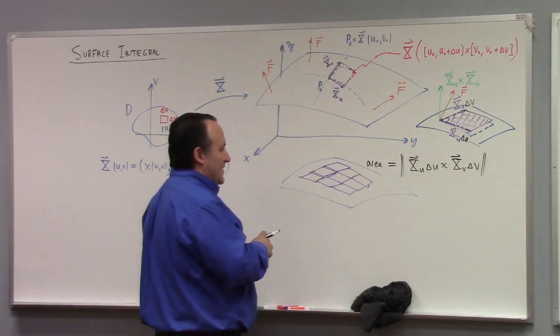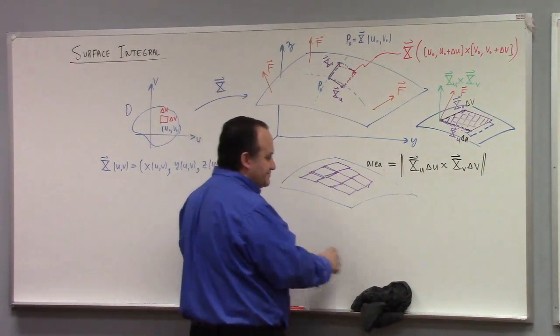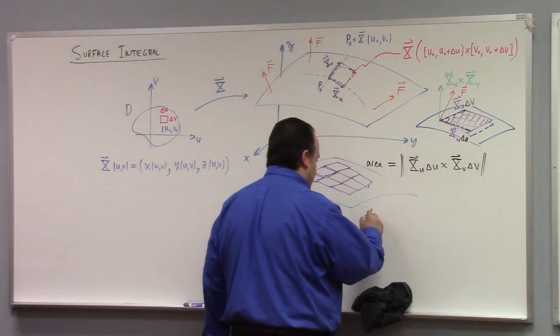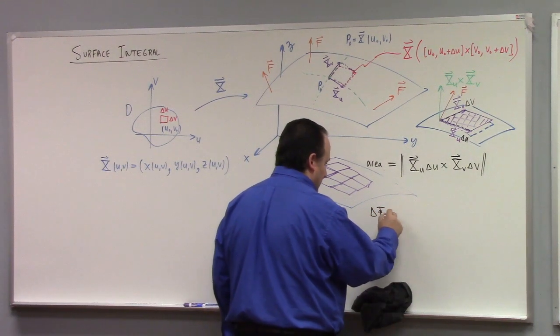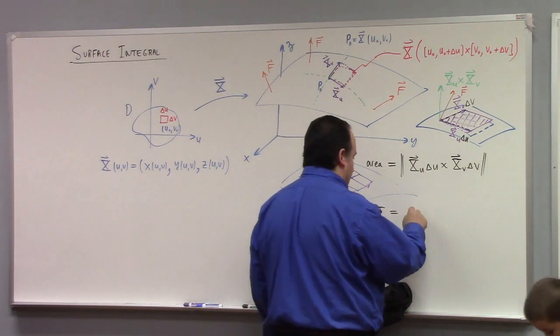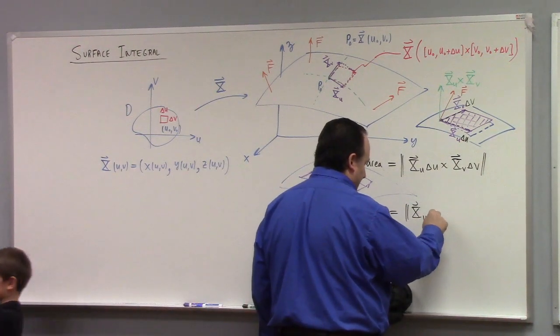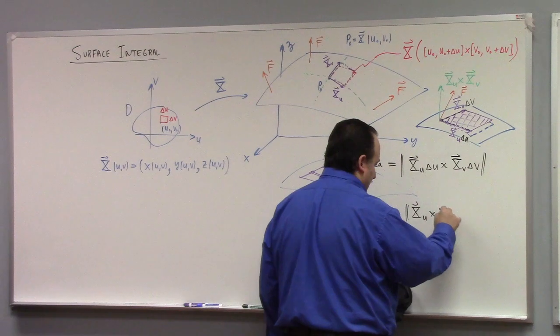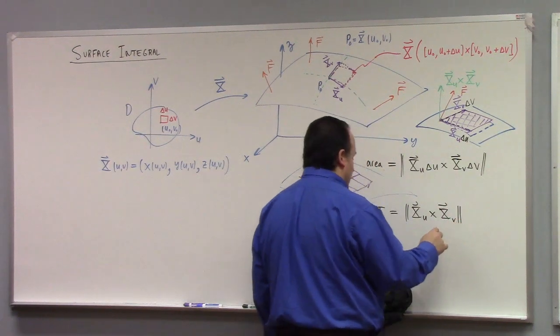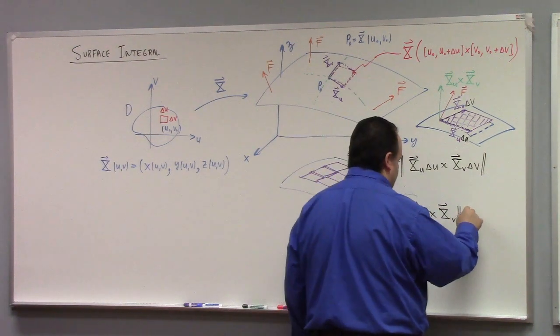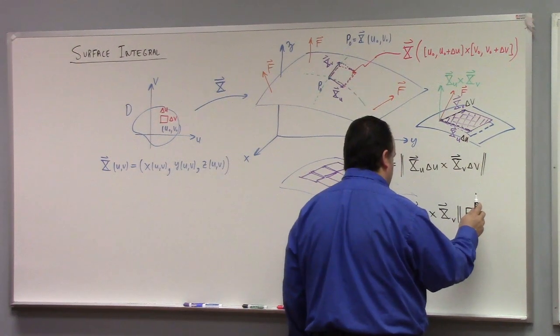All right. So if that's the area, then the little bit of flux here would be the magnitude of the cross product of the partial velocities times the F dot what? Oh, my bad.